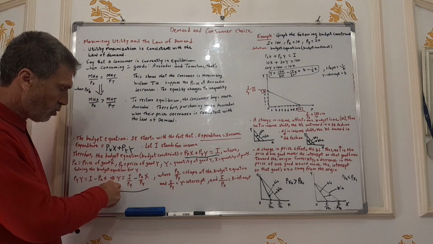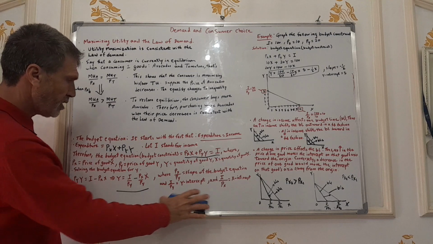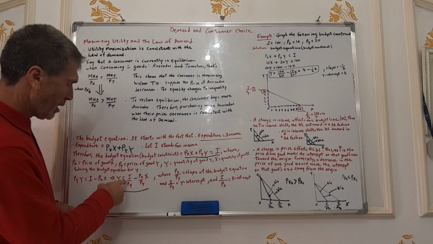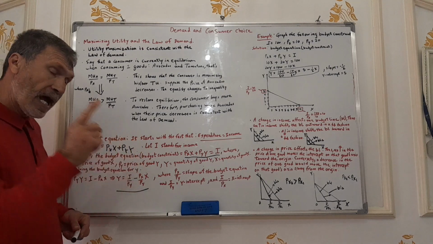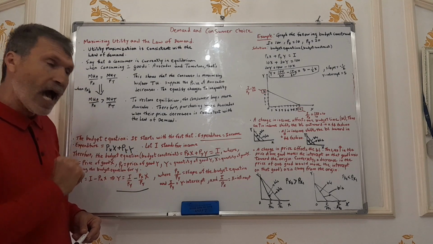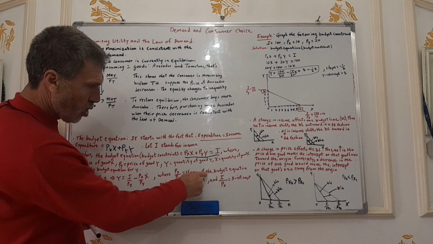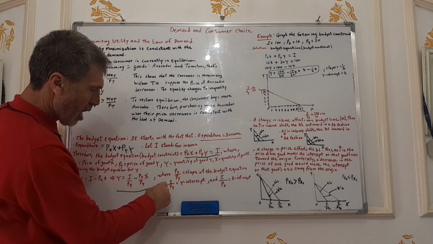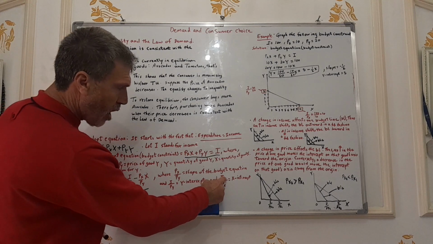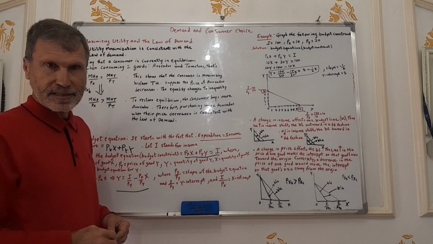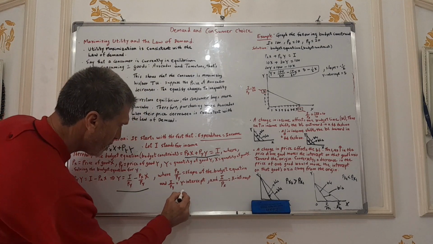So here we can graph it easily. I over PY is the Y-intercept, and I over PX is the X-intercept, where PX over PY is the slope of the budget equation. So you're going to have something like this.